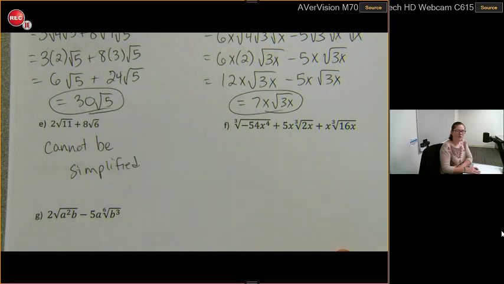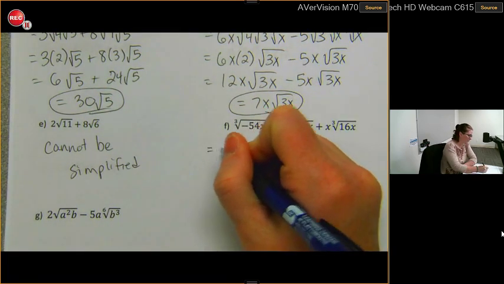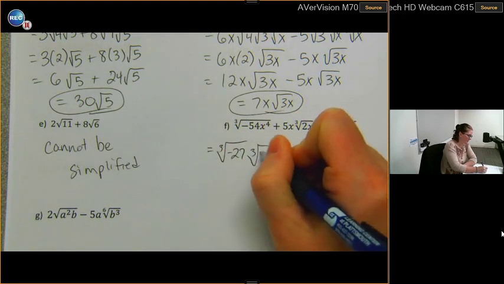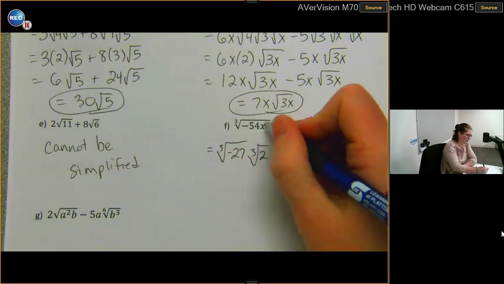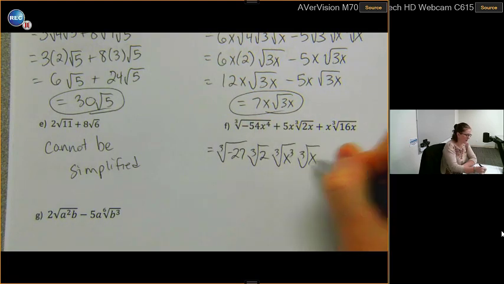Letter F, we have cube roots this time, so we need to think about perfect cubes. So 54 is 27 times 2. X to the fourth is x to the third times x.